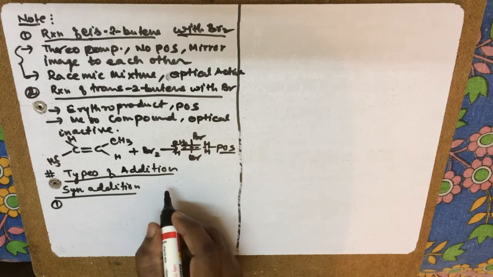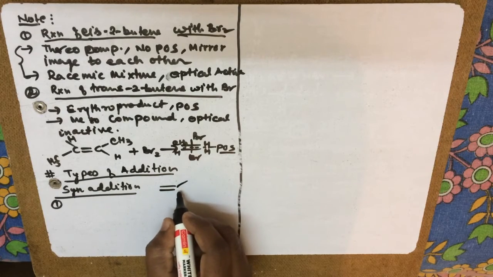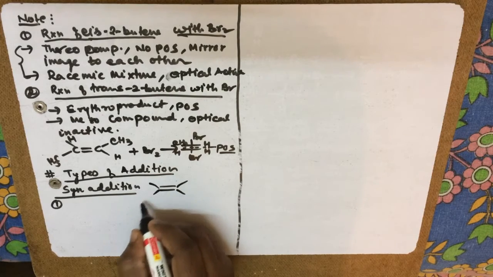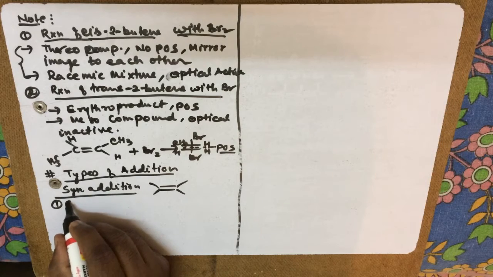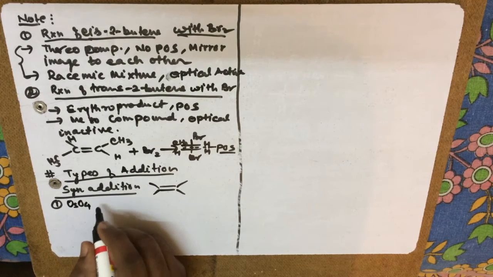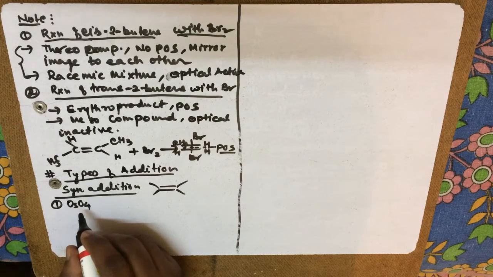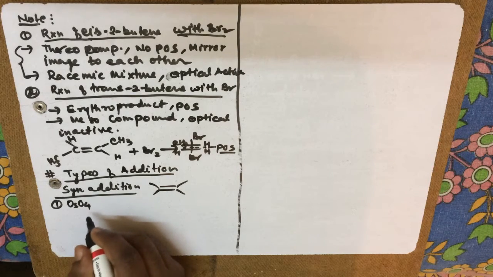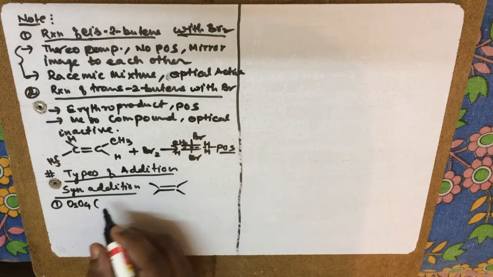let's say you have this alkene, so your osmium tetroxide, if you have osmium tetroxide reagent, then the product forms under syn addition.